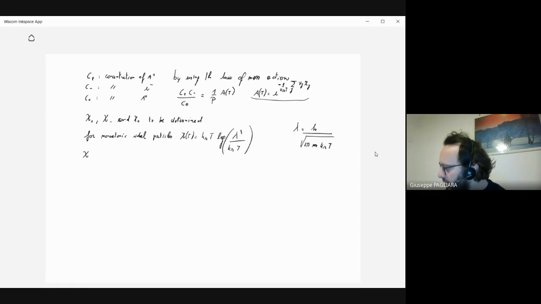Therefore, for a monatomic ideal gas of particles, chi of T is this function: kBT logarithm of, let me see here, we have h squared, sorry, h cubed, then we have 2 pi m to the power of 3 half, and then we have kBT, so 1 divided by kBT to the power of 3 half plus 1, which is 5 half.